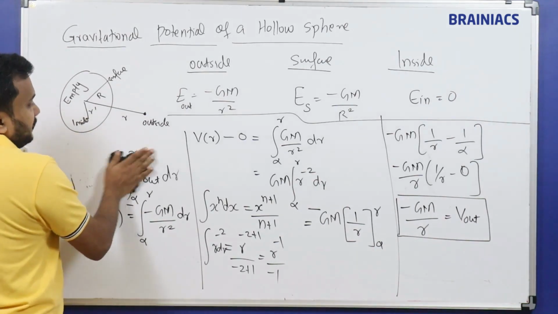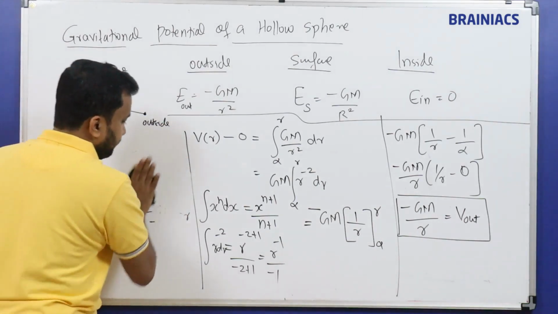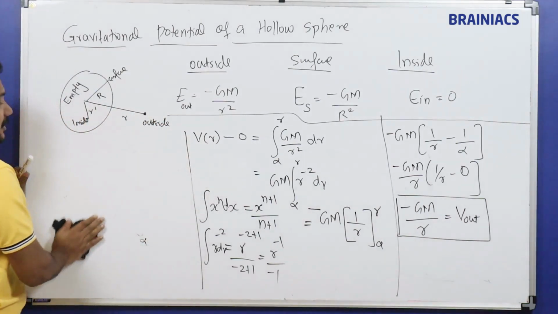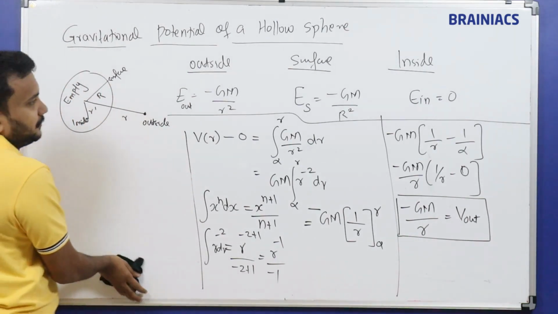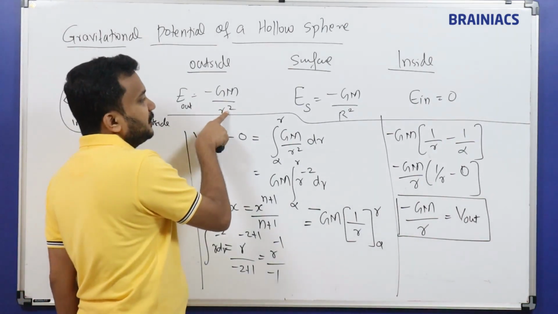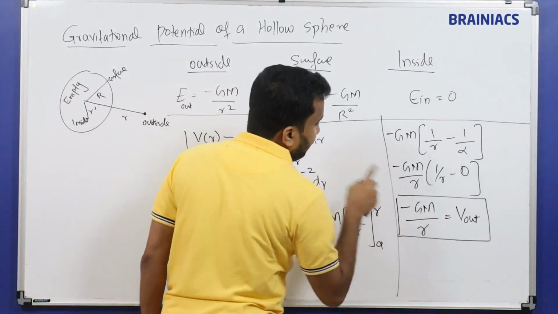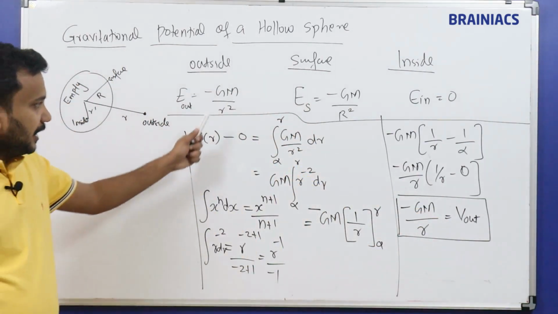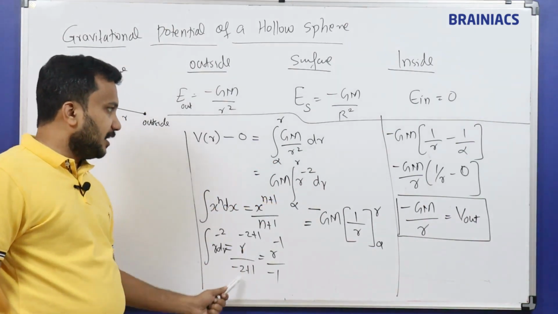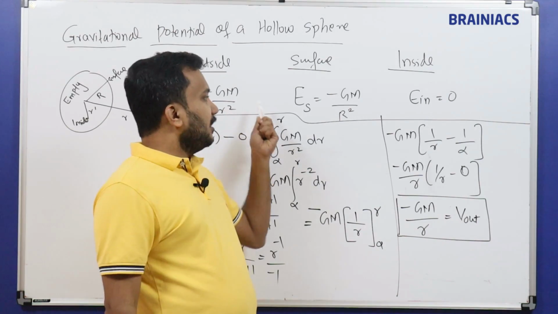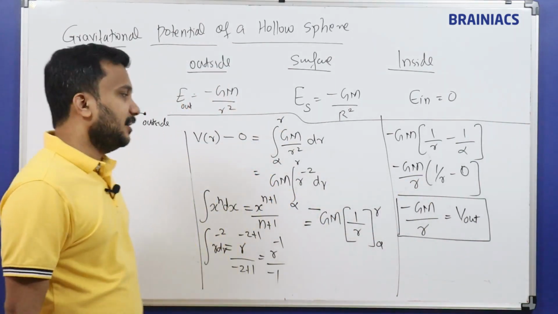Next we go to the surface. Surface is quite simple. If you do the same thing, what is the difference for the surface? Instead of small r square, capital R square will come. Everywhere it becomes capital R square into dr. So instead of small r, everywhere capital R will come.